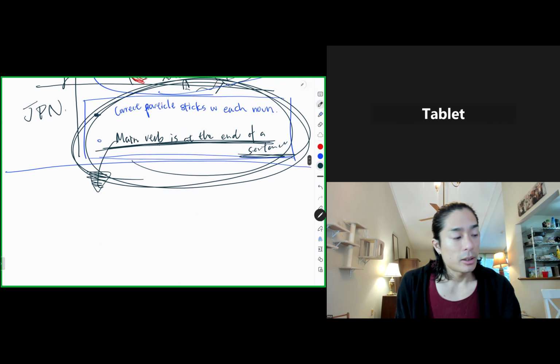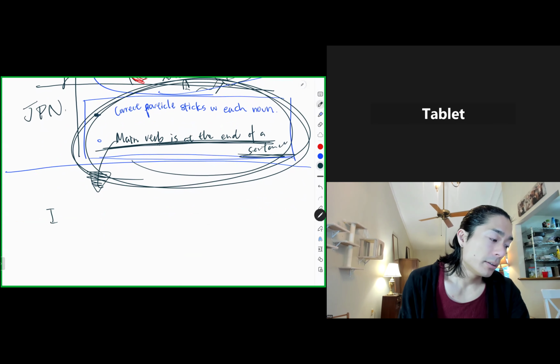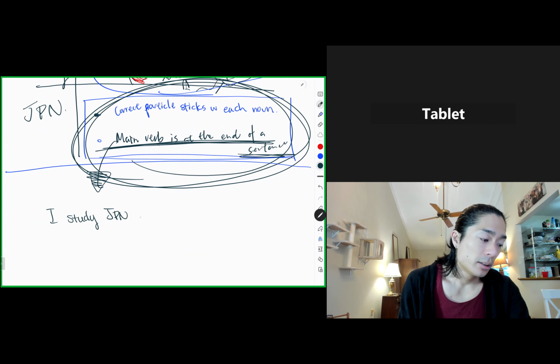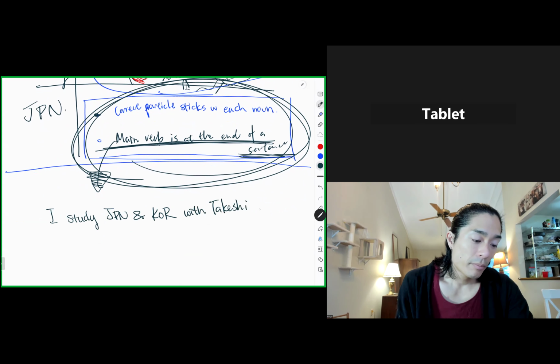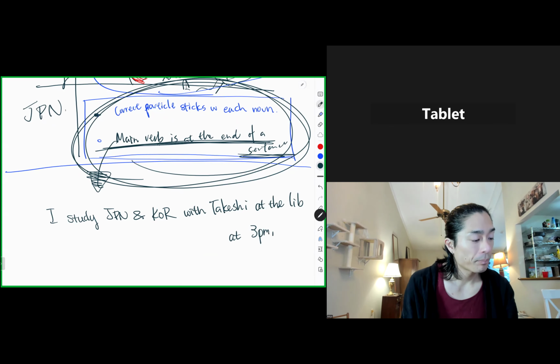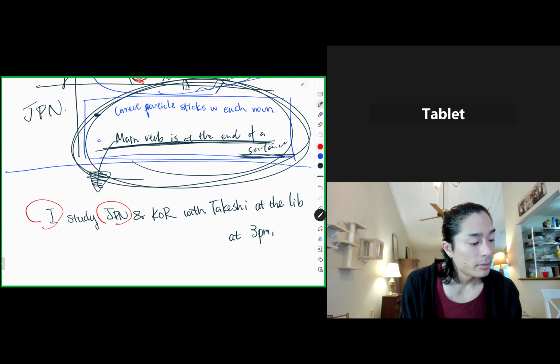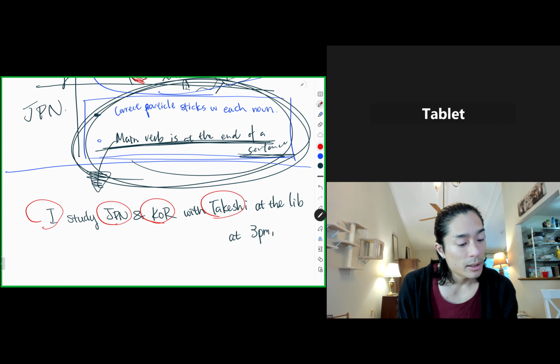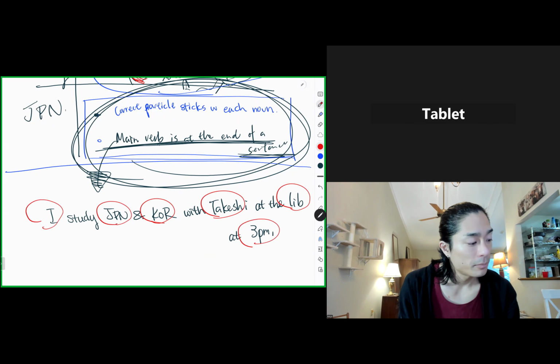Okay, so with these two rules, we can shuffle any way we want. I'm just gonna show you some examples. Like, I study Japanese and Korean with Takeshi at the library at 3 p.m. Okay, so just to remind you, each noun has to have a particle, right?